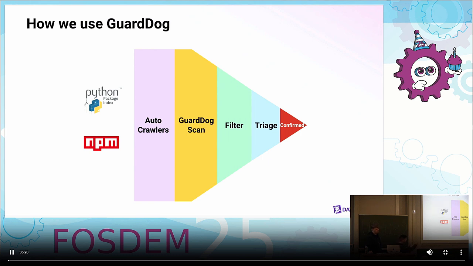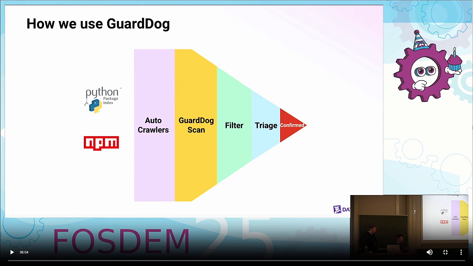Basically, we implemented a set of autocrawlers that are crawling the PyPI and NPM repositories. Roughly, you can imagine we have 300K NPM packages and 75K PyPI packages a month. Then we scan these with GuardDog, and the findings are filtered with a set of behavioral patterns and a combination of machine learning techniques.